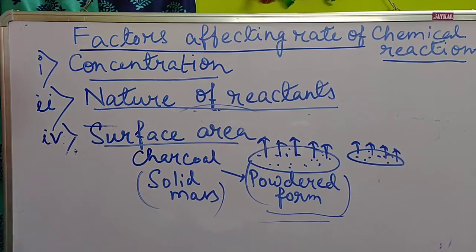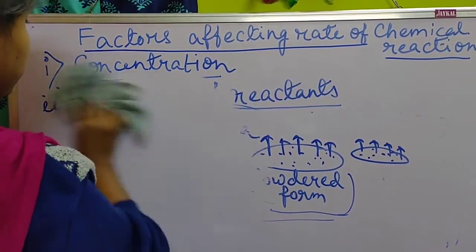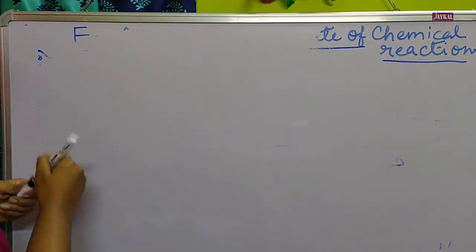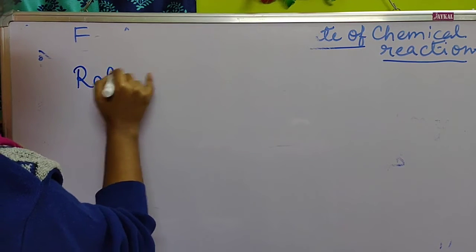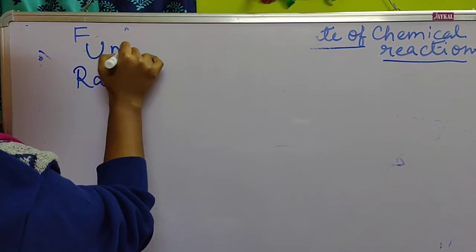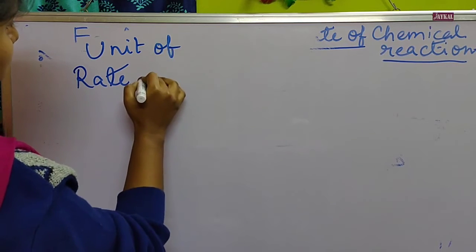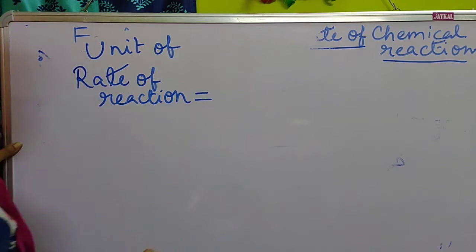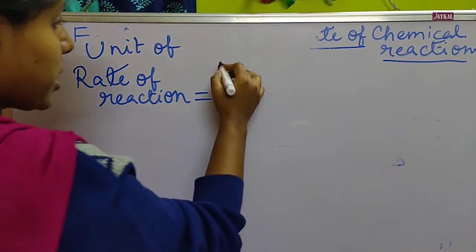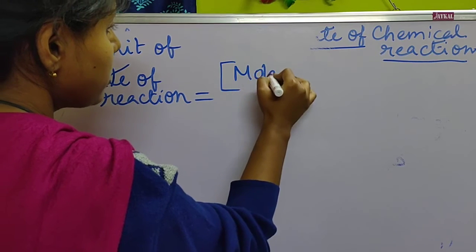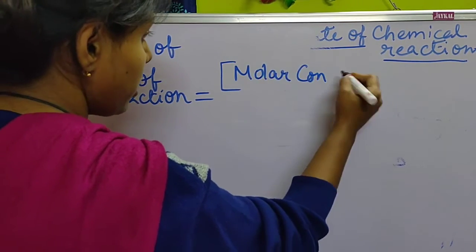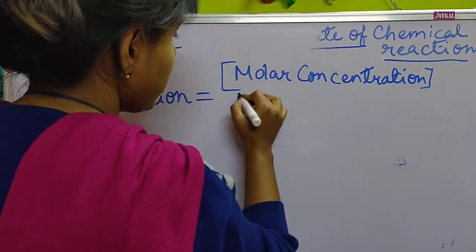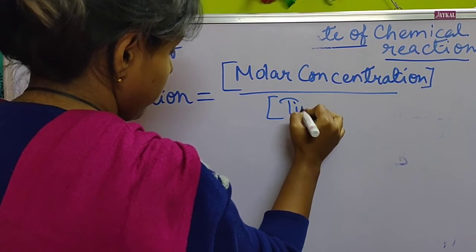Another thing that I forgot to discuss is the unit of rate of reaction. Rate of reaction means change in molar concentration, where change means either an increase or decrease, divided by change in time.